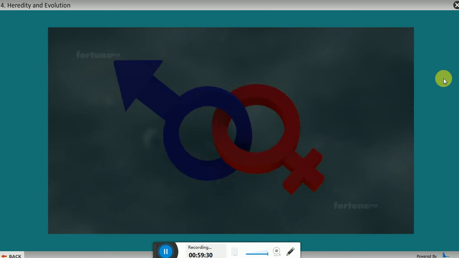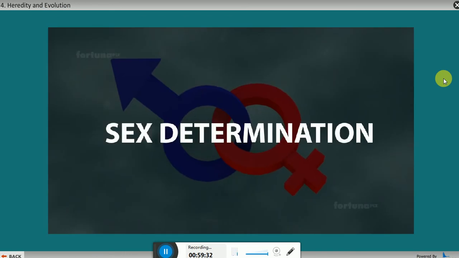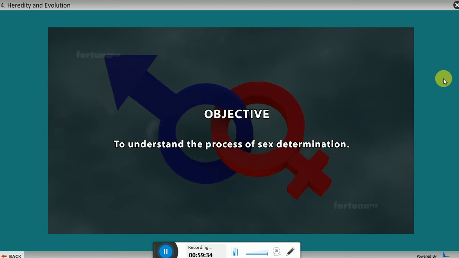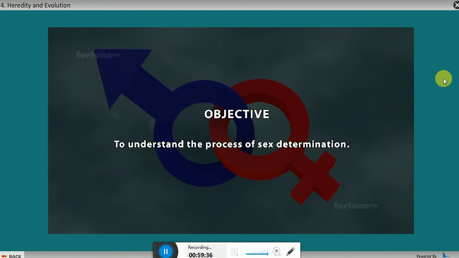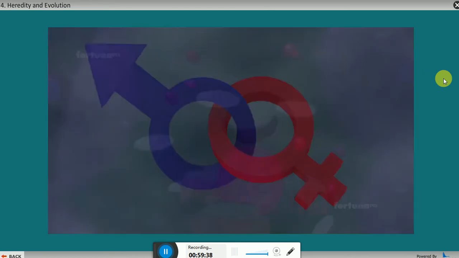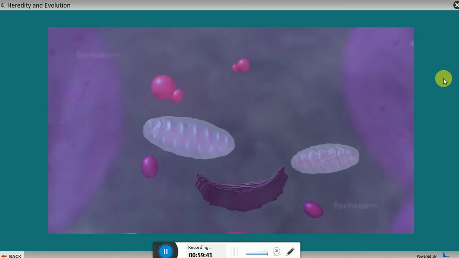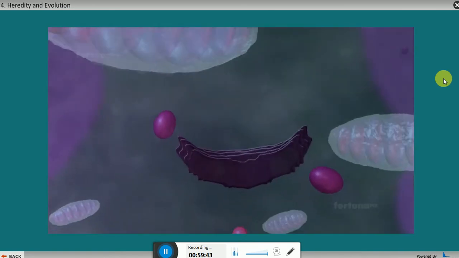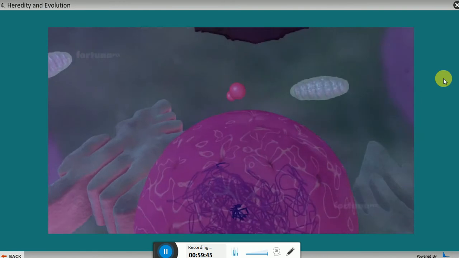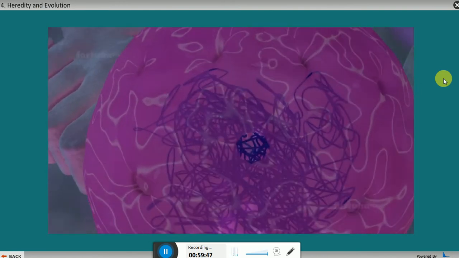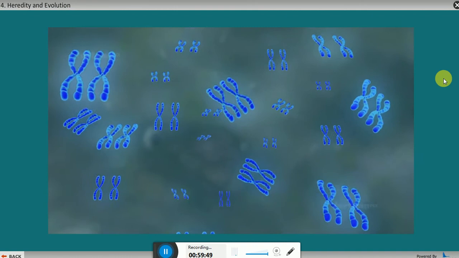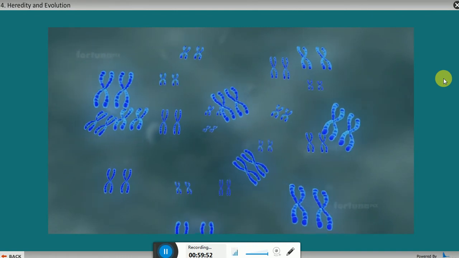Sex determination. Objective: to understand the process of sex determination. The sex of an organism is determined by specific chromosomes, called sex chromosomes. In humans and other mammals, an XY sex determination system is followed.